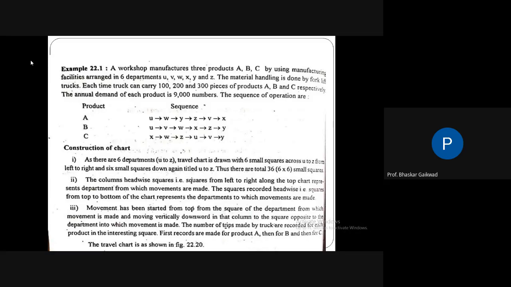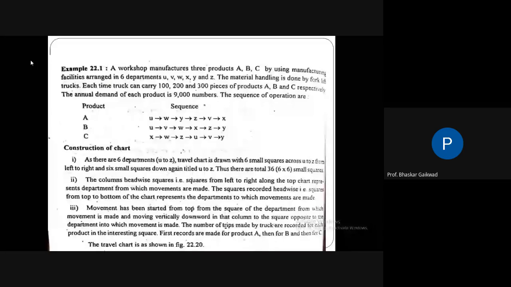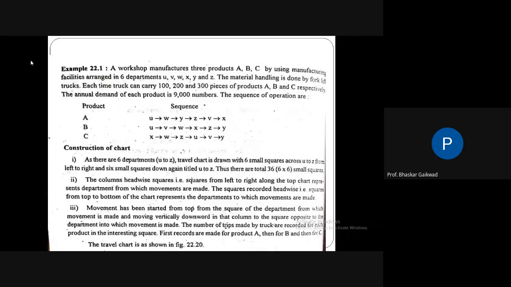The sequence of operations is as given below. On the left side are products A, B, C, and the sequence for each through the departments: U, W, Y, Z, V, and X. This is the sequence for A, there is a sequence for B, and a sequence for C. Now, how to construct the travel chart?